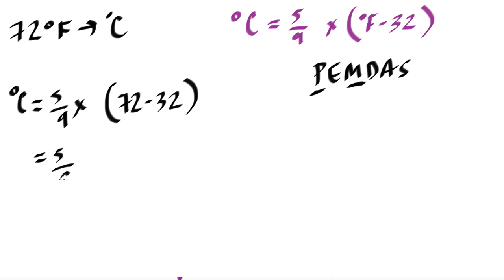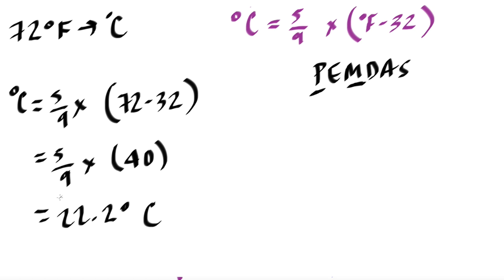So 72 minus 32 is 40. So 5/9 times 40 is 22.2 degrees Celsius. And there's your answer. All right, let's look at the next one.